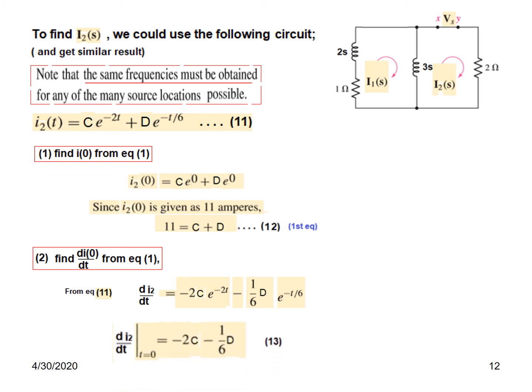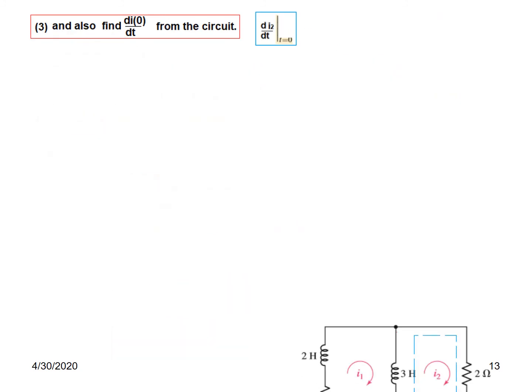Plugging in the value of t is equal to 0, this becomes 1, this becomes 1. So this is our equation number 13, or di/dt at 0 from the equation. Now we have to find di/dt at 0 from this.